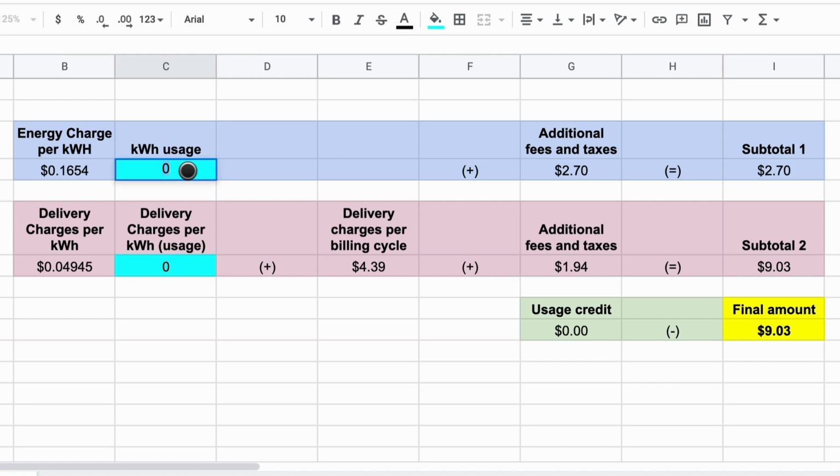So if we take that number into our equation, we're multiplying these two values, and then we're adding some additional fees and taxes, which is probably a very low value in your case too. And so we get the first subtotal of $187.29. Remember that we're first multiplying the energy charge per kilowatt hour and the kilowatt hour usage. So you have this rate, and this is the amount of kilowatt hours you used.